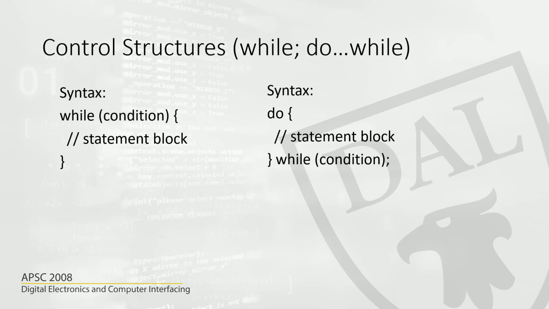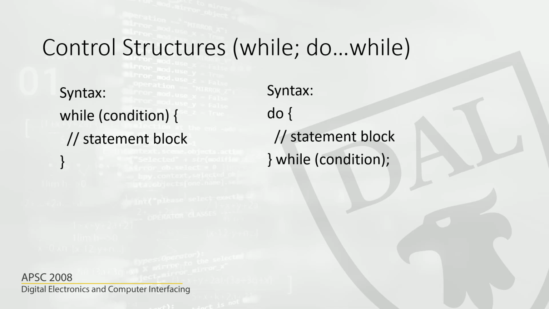Towards the end I will use the while condition and see if the condition is true. If it is true, I will execute the statement blocks once again. Until the condition is false, I will keep on doing this over and over. So that is a do while statement.